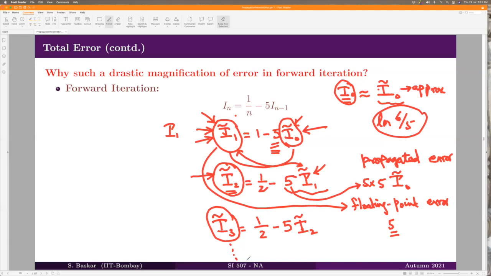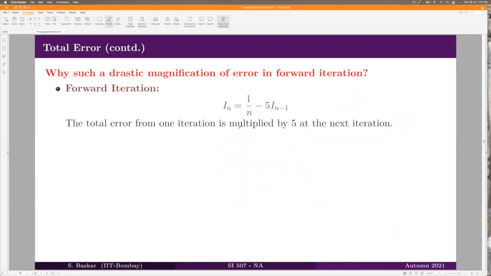The total error contains your floating point error, and the propagated error is much more than 5 times, right? So that is how your total error is getting propagated from one step to the next. The total error from one iteration is multiplied by 5 when it goes to the next iteration.